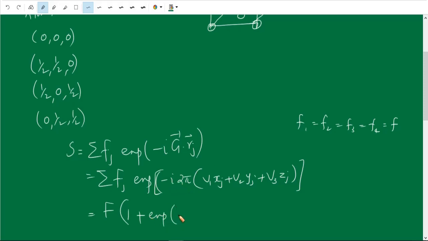plus exponential minus i 2 pi into v1 xj plus v2 yj.